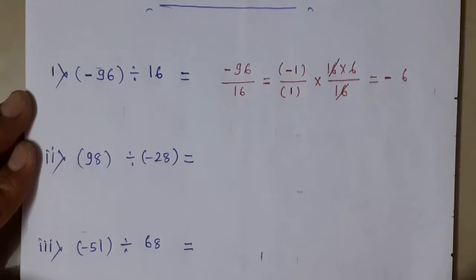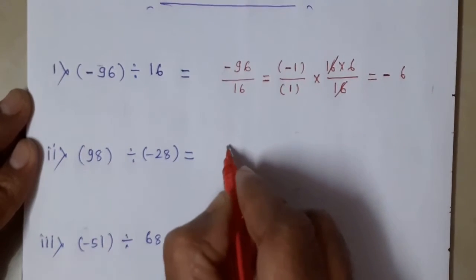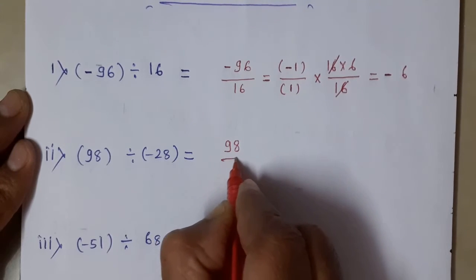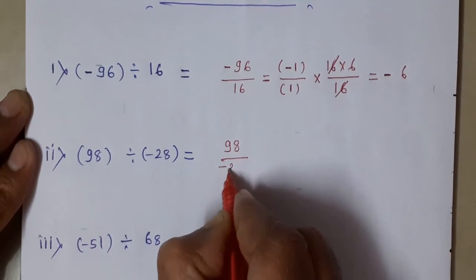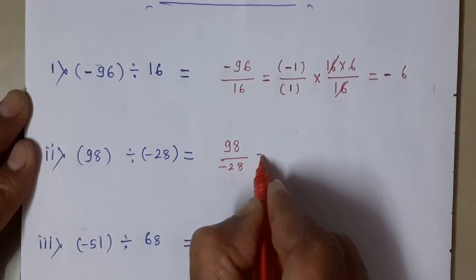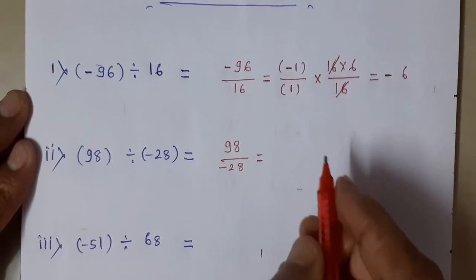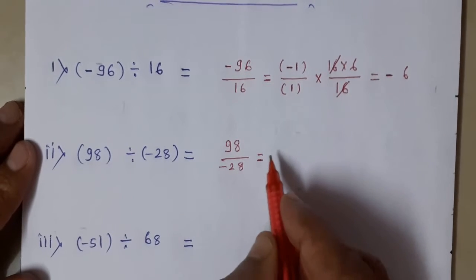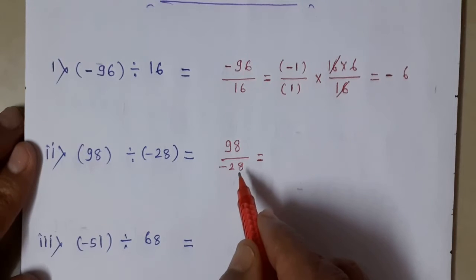The second example is the positive integer 98 divided by minus 28.